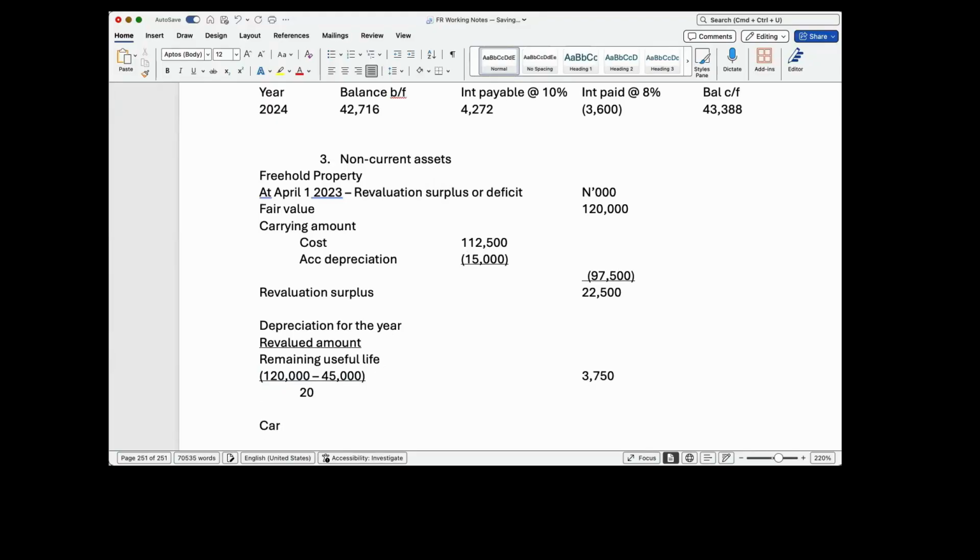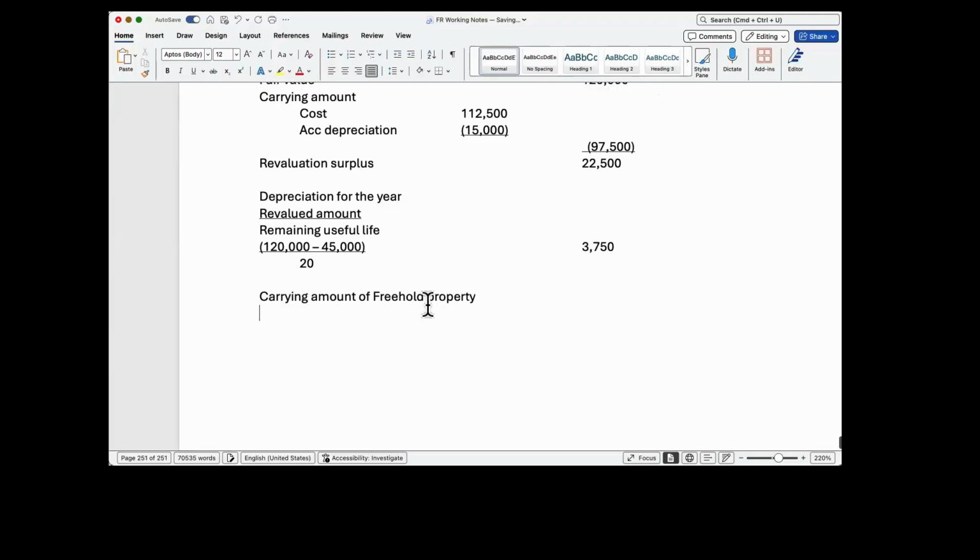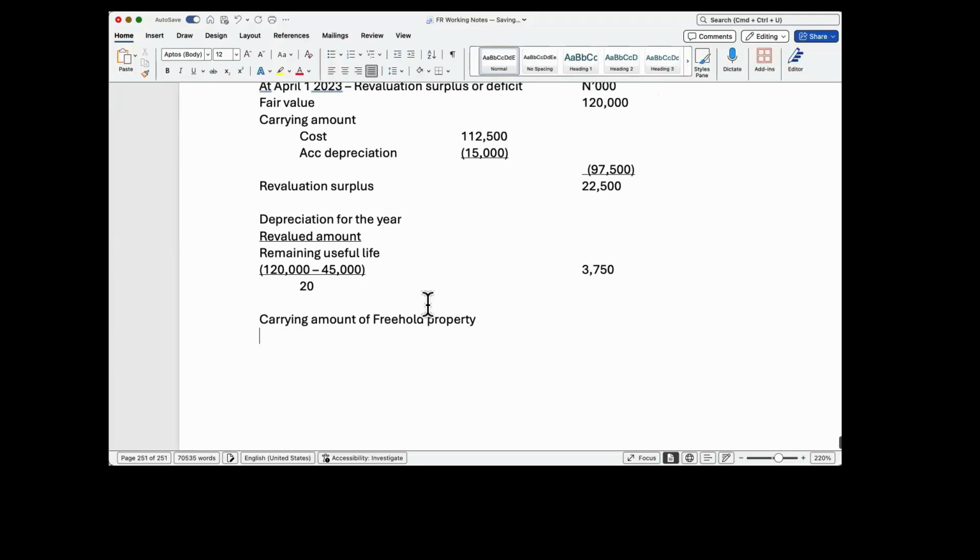So I can then get the carrying amount of the freehold property. So what's the carrying amount of the freehold premise property? I will get the fair value at the beginning, which is 120. Then minus the subsequent accumulated depreciation, because all the previous depreciation will have been cancelled out.